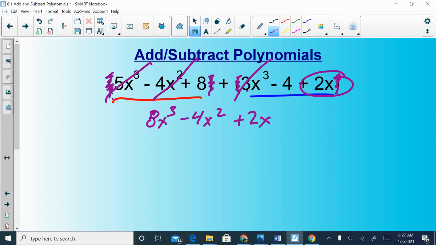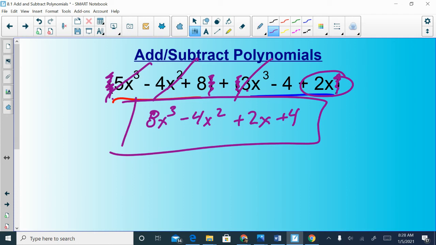We have a positive 8 and a negative 4, which would make positive 4. And that is our answer to adding this polynomial, right? The polynomial 5x to the third minus 4x squared plus 8 plus 3x to the third minus 4 plus 2x. Okay. Notice this one wasn't in standard form, but we just added it. We want to make sure our final answer is in standard form, and it is now.